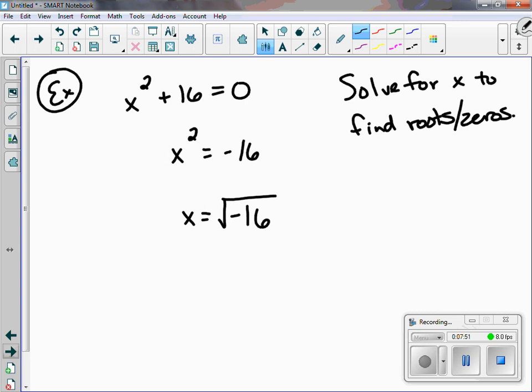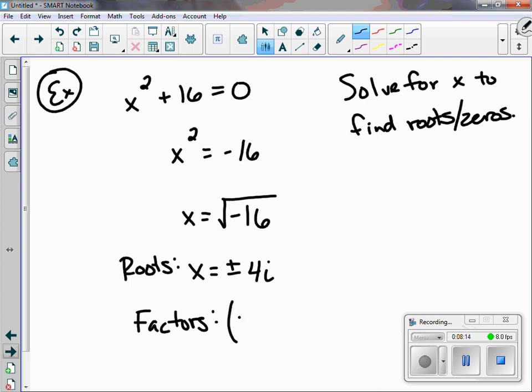My root is actually an imaginary number. x is going to equal plus or minus 4i. So that's my root. So if I wanted to list this as factors, this would be x minus 4i times x plus 4i.